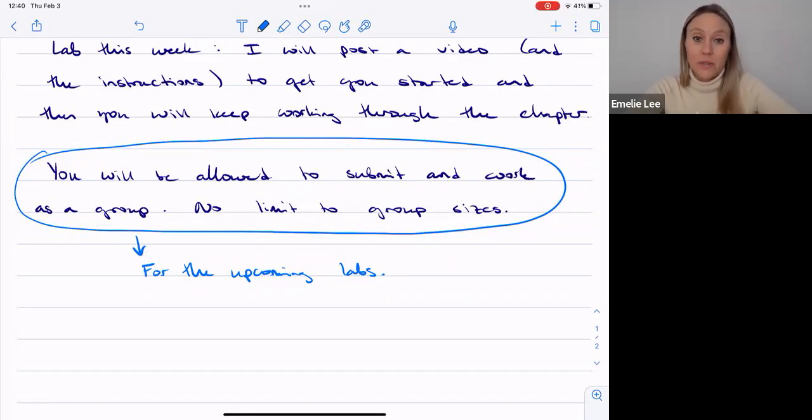It's something that I'm trying, and we'll see how it goes. I reserve the right to change my mind. I've done this in a different class in the past, and it worked out really well. Okay, but that's just something to get you started.